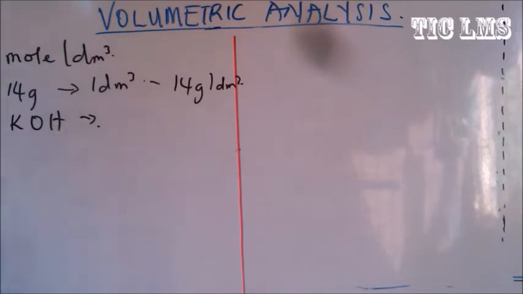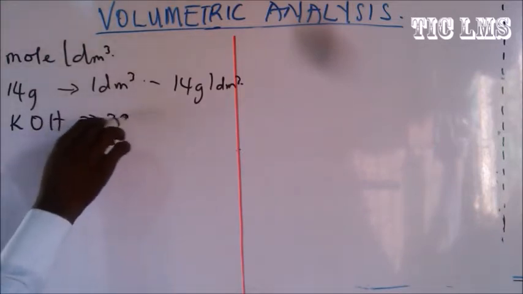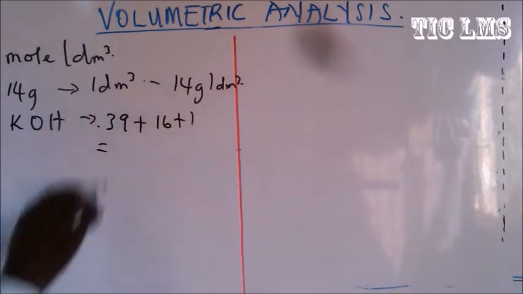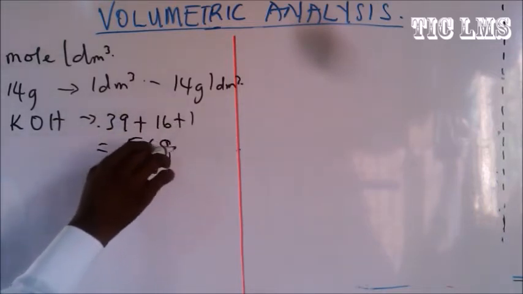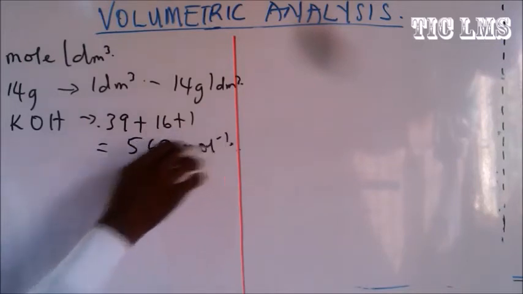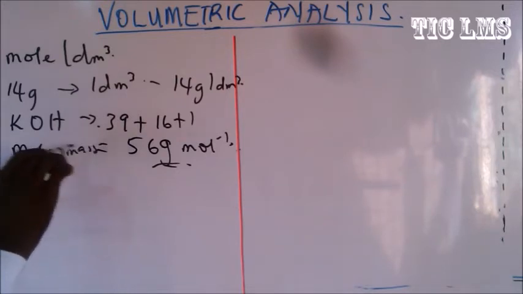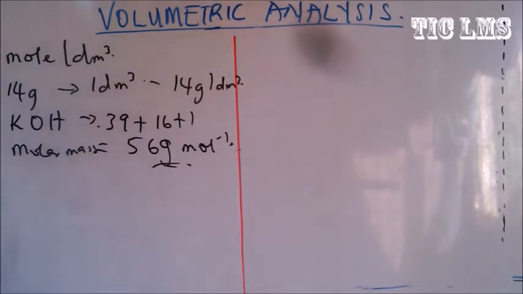Now the next thing is for us to find the molar mass of potassium hydroxide. So the mass of potassium is 39, oxygen is 16 plus hydrogen which is 1, and when we add this it gives us 56 grams per mole. So here is the molar mass of the base which we are given, of the alkali which we are given.